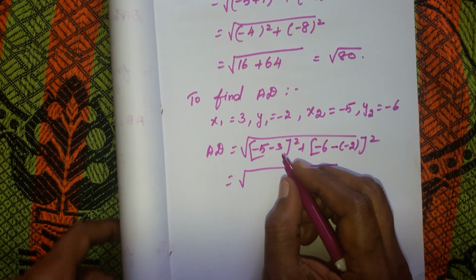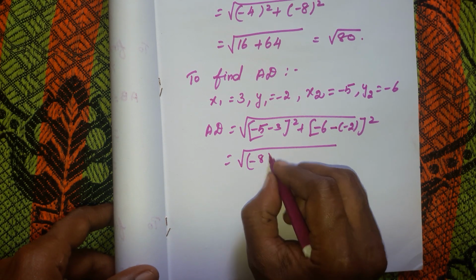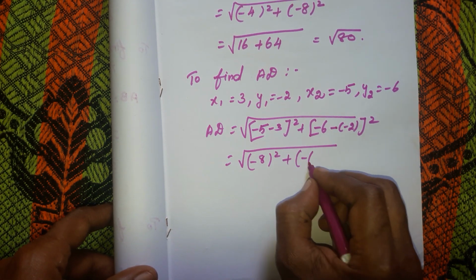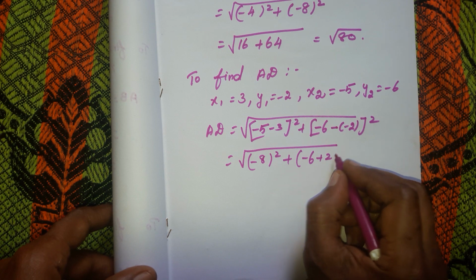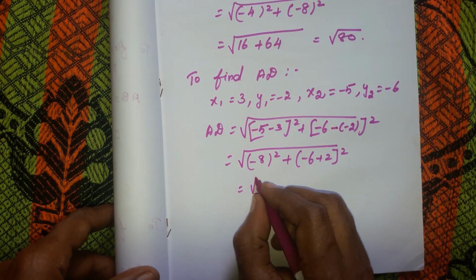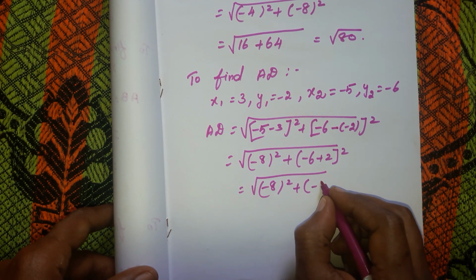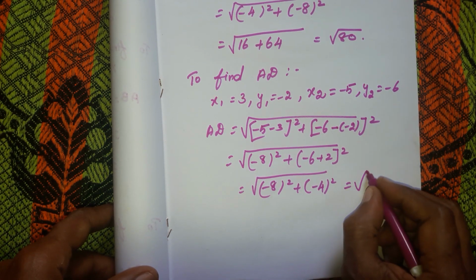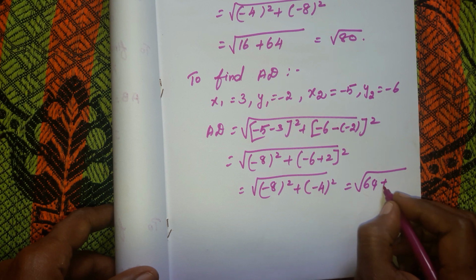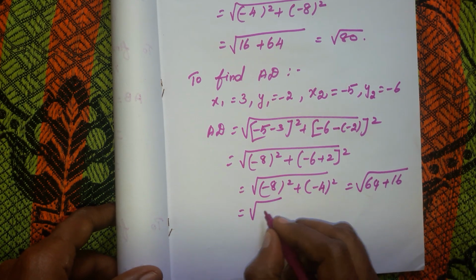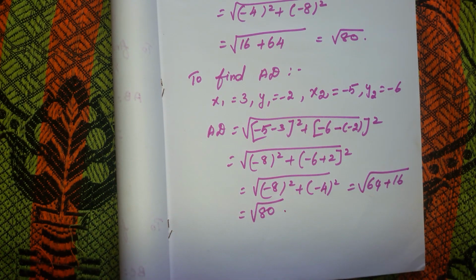So (-8) the whole square plus (-4) the whole square. It's equal to 64 plus 16. It's equal to root 80. AD is equal to root 80.